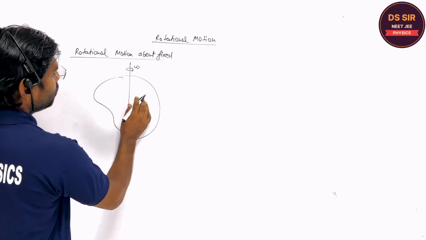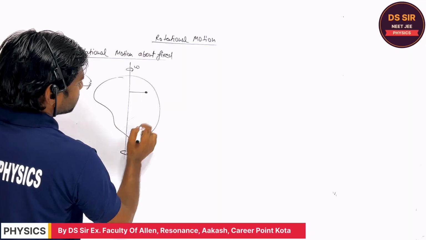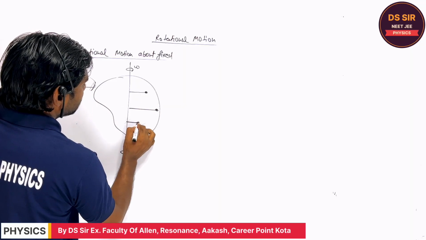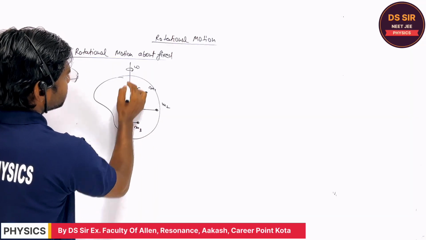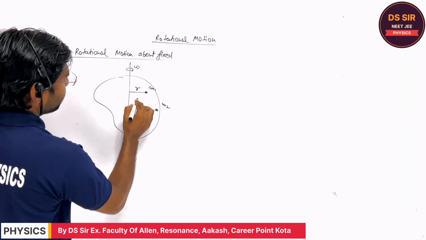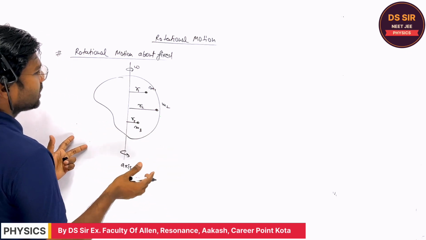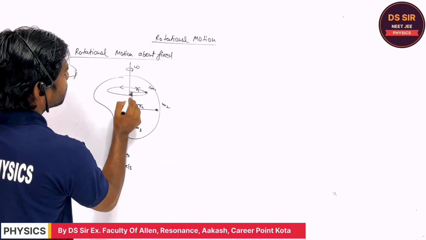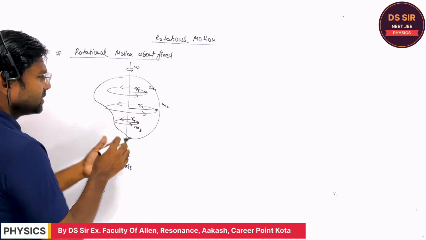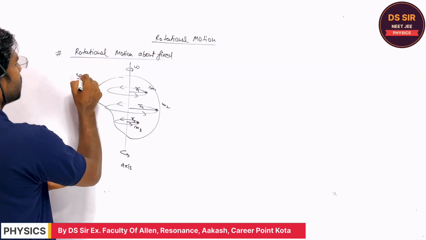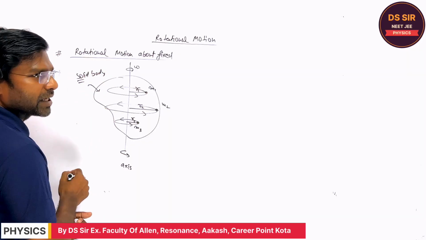If you consider any particle, this is the solid body. Suppose these are particles m1, m2 and m3, at distances r1, r2 and r3 from the axis of rotation. Every particle on this solid body performs circular motion about the axis.